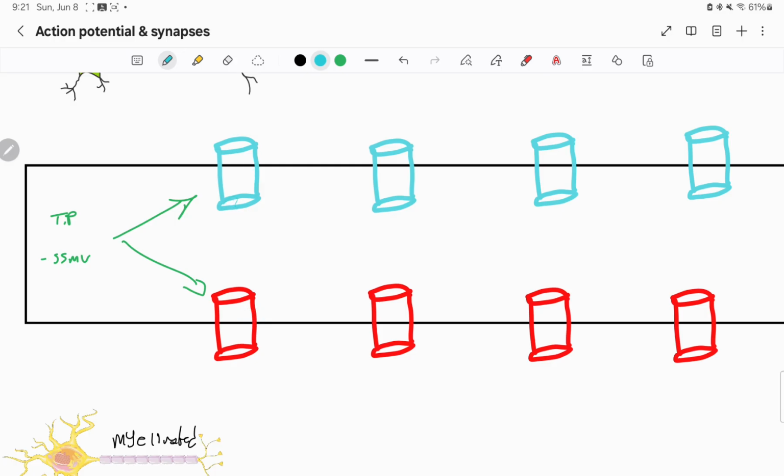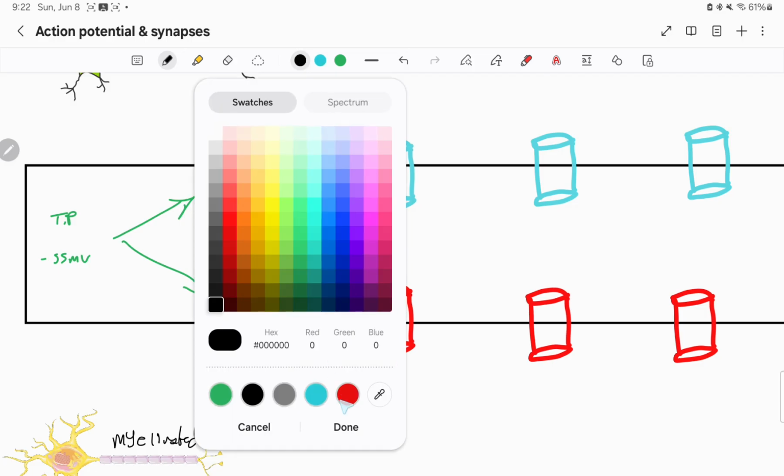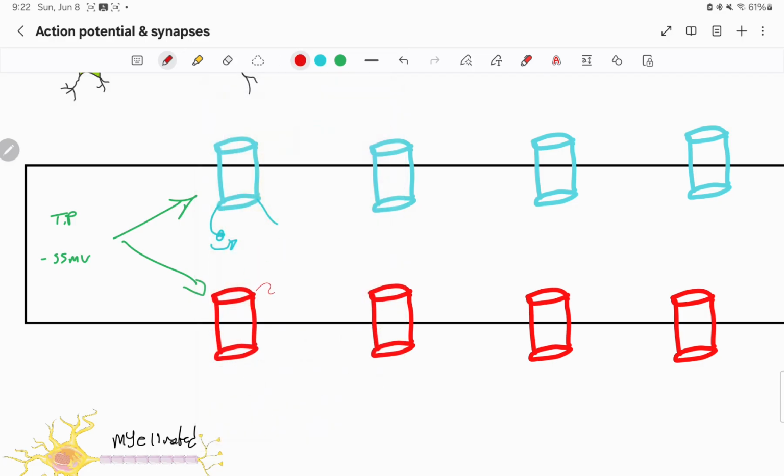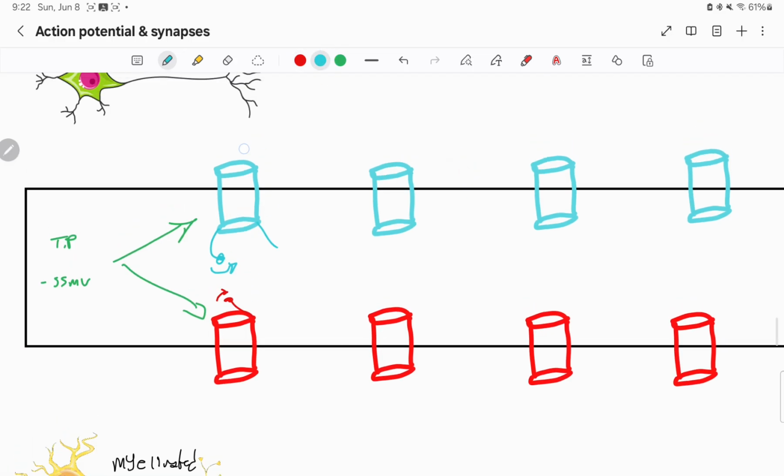And if you remember, at threshold, the activation gate will snap open and the inactivation gate would slowly start to close. Whereas with the potassium channel, its activation gate would slowly start to open. In that process, a lot of sodium was moving down its concentration gradient into the cell, making the cell super positive.